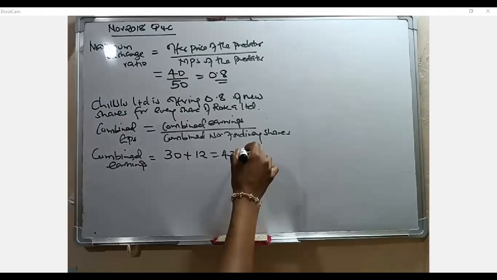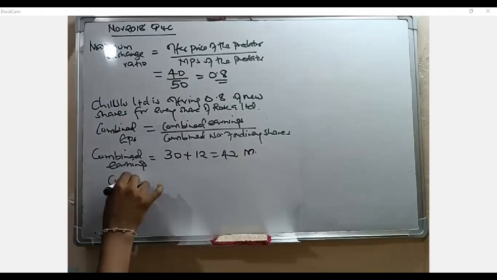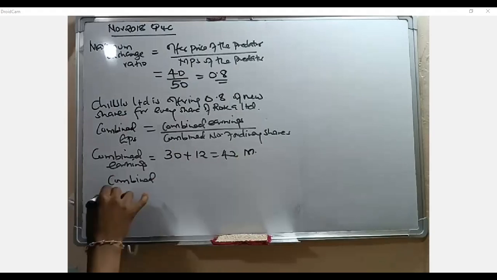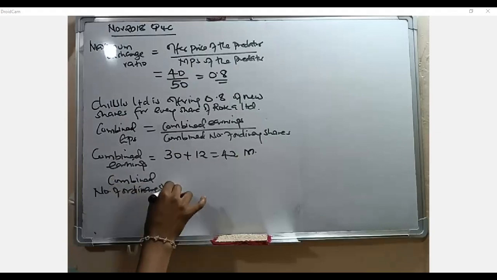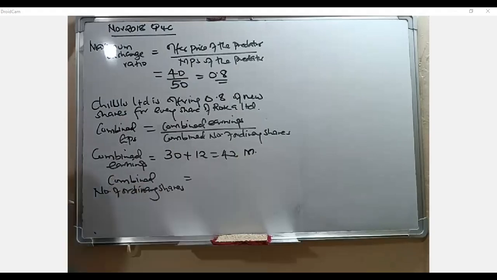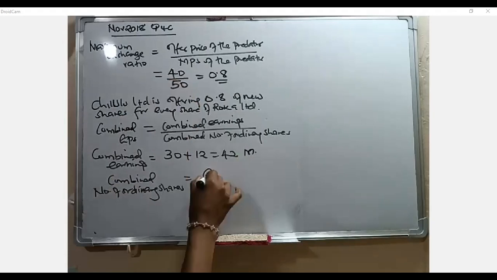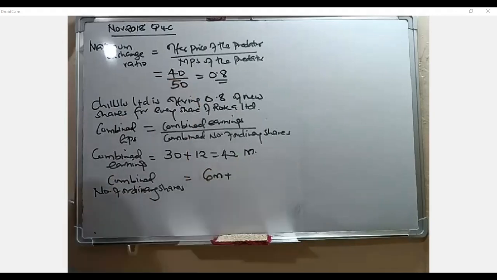Let us look at the combined number of ordinary shares. Remember, you already know the number of shares for Chilulu, which is 6 million, plus what we are offering Roca. One share of Roca is offered 0.8 shares.